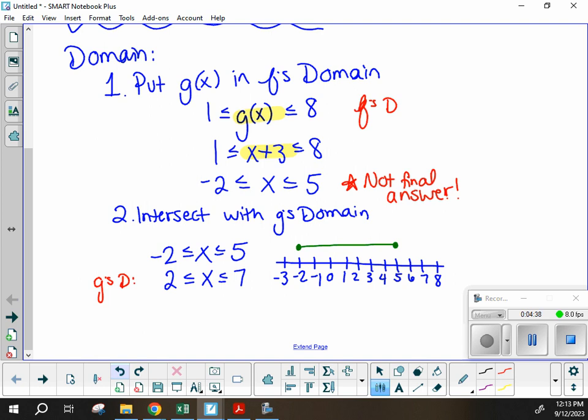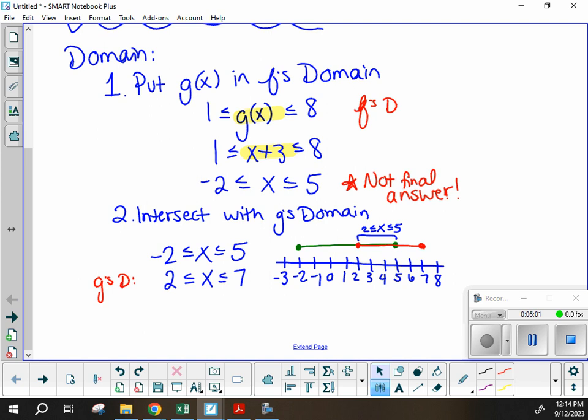And 2 to 7, that falls here. The intersection is where those points overlap or which points they have in common. So I could make them overlap here, and you can do that on your own on a number line. Just put them on one single number line. It is these values right here, which looks like 2 to 5.